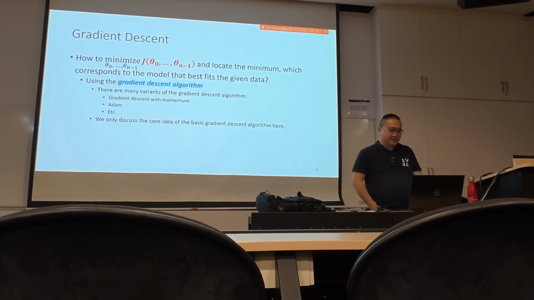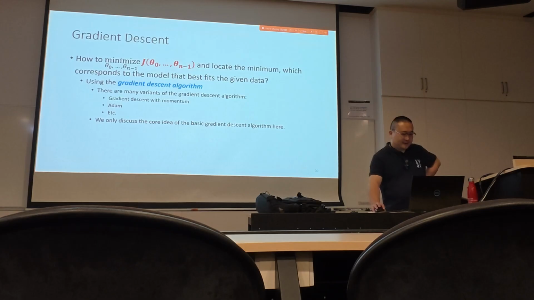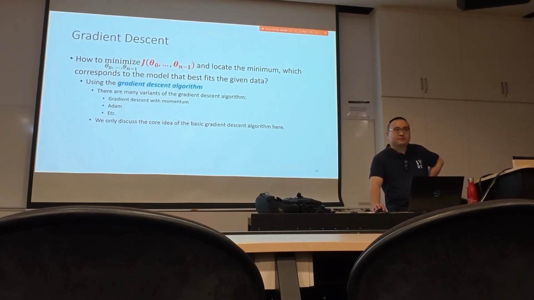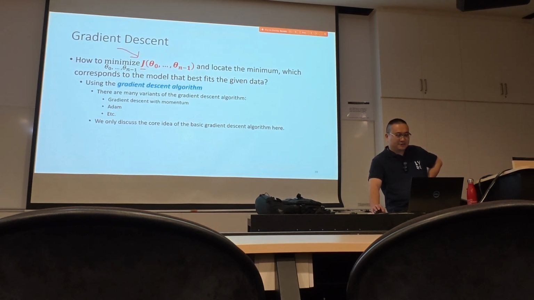Now we understand the concept of gradient, and it's time to discuss gradient descent. The goal is to apply the algorithm to minimize the cost function. Here we want to minimize the cost function J, with the model parameters represented by theta.